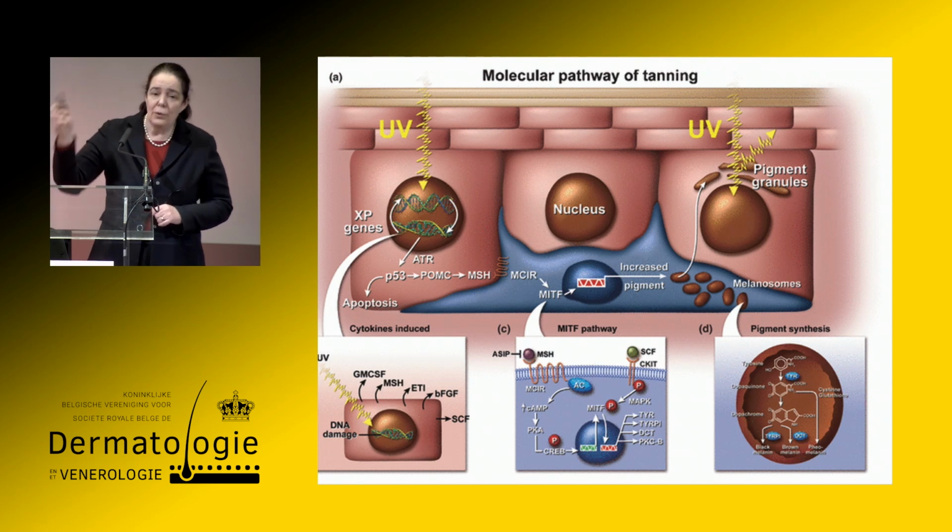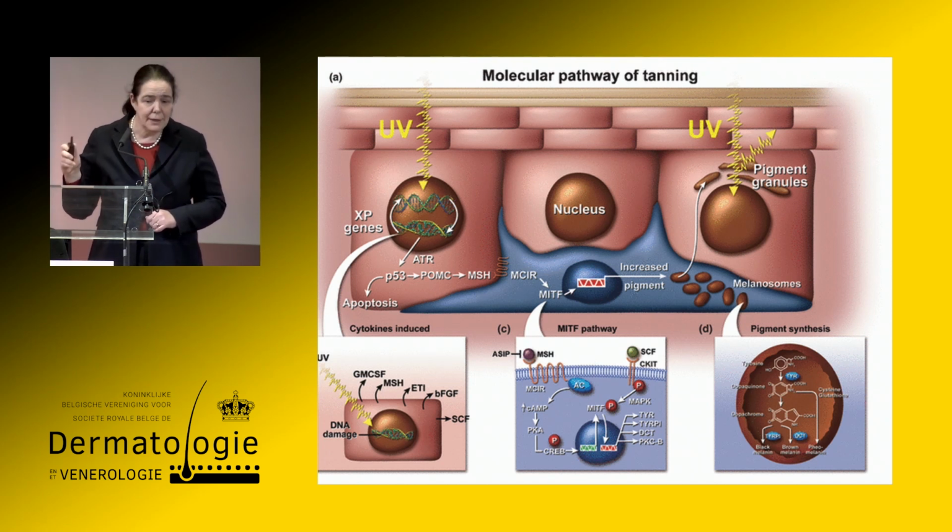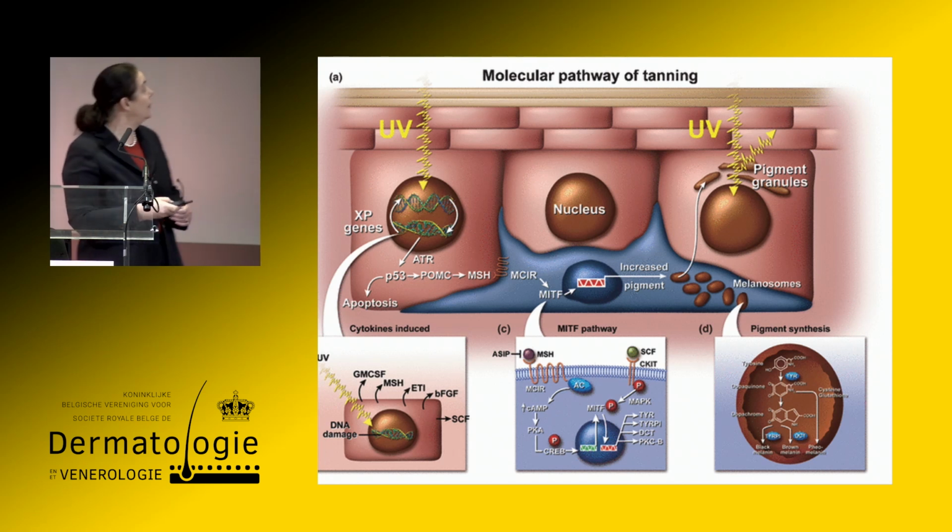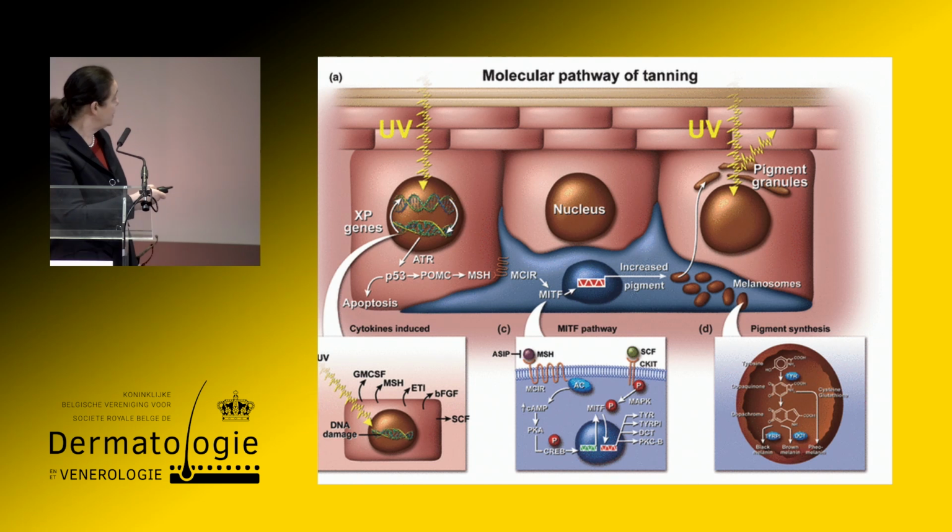But we will go back now to this general molecular pathway of tanning that resumes all the aspects of tanning. And I will go back to all these mechanisms. So, UV-induced DNA damage, and you see that you have different elements and growth factors that can be induced by UV, including MSH.